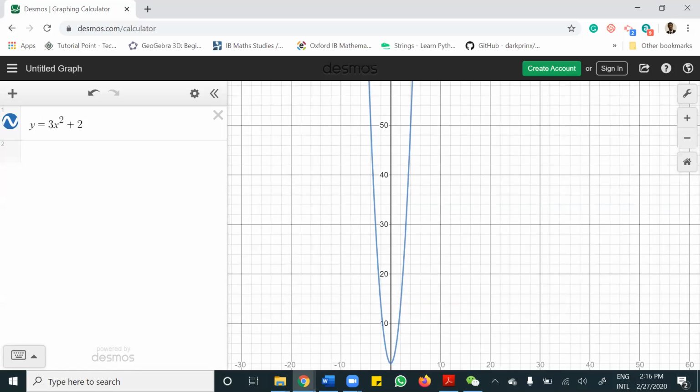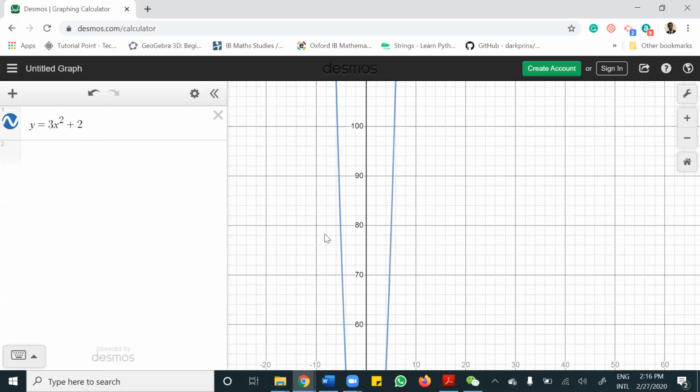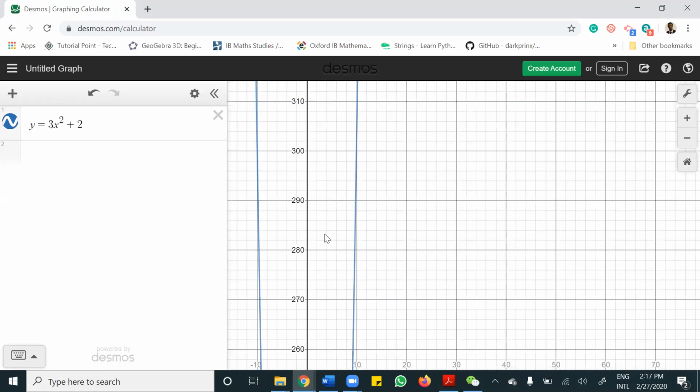This continues. It's just that the y values are so huge that the x value looks so small. By the time you put x is equal to 10, this is probably 302. So you actually need to get to 302 for it to cross that line 10. So it crosses.